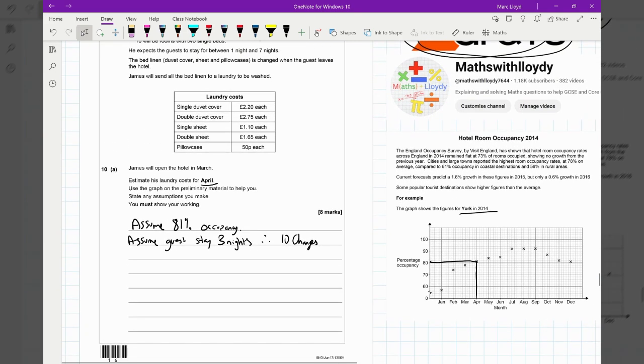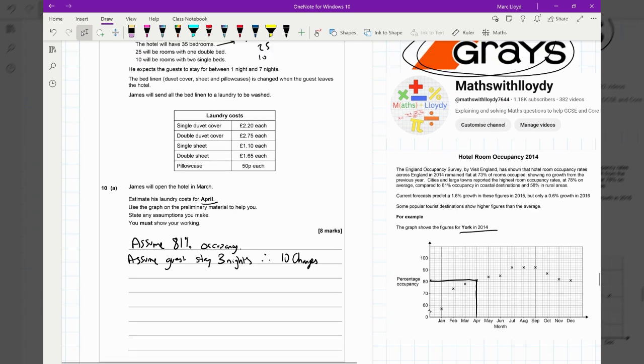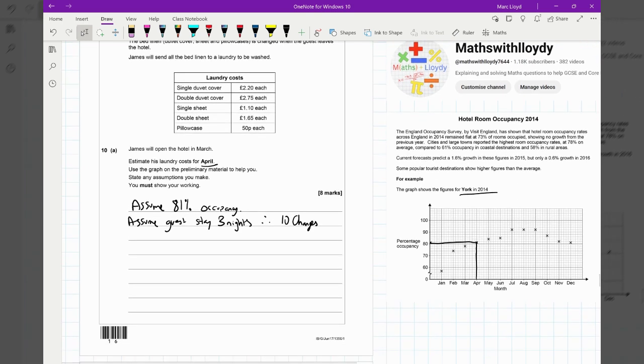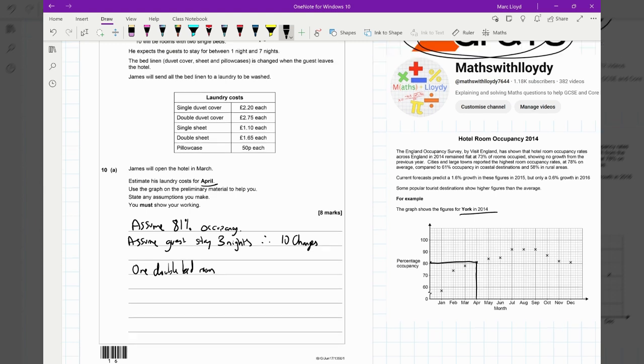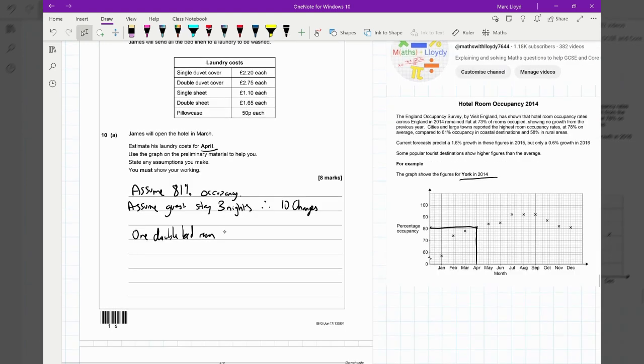Let's see. So single duvet cover, 220 each. So for the one double bed room, and how many of them are there? 25. Double duvet cover is £2.75 plus the double sheet, £1.65. I'm going to be tight.